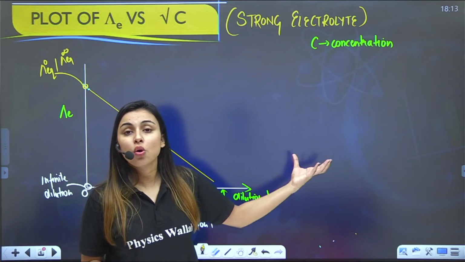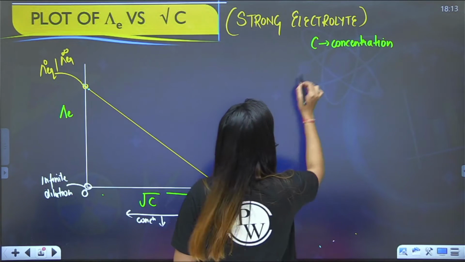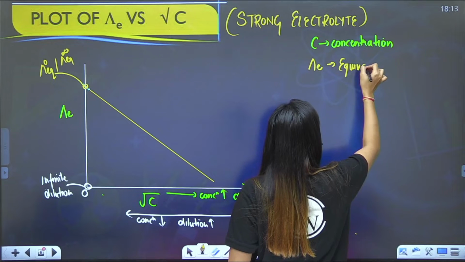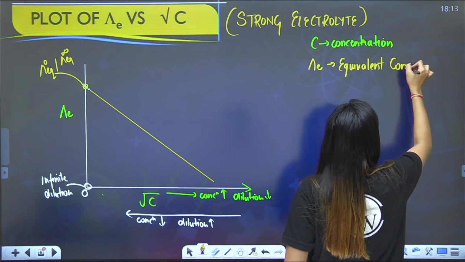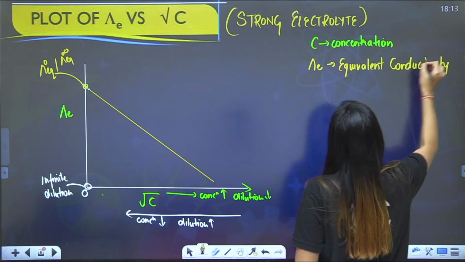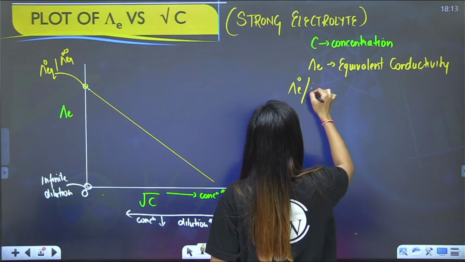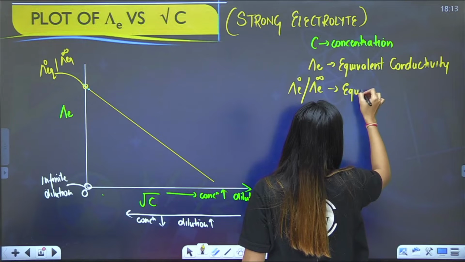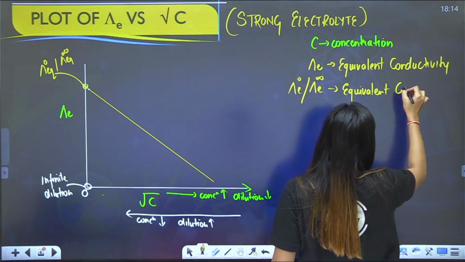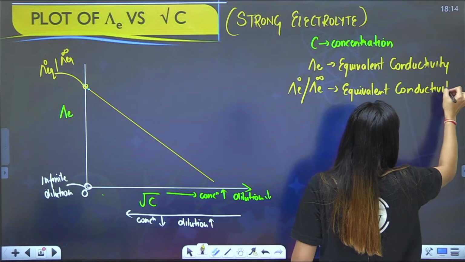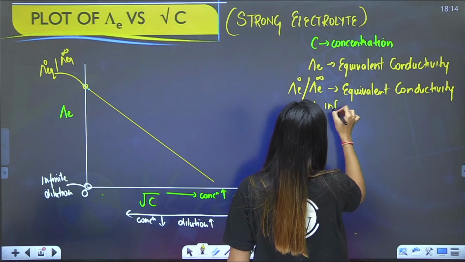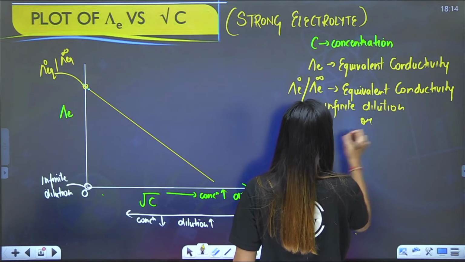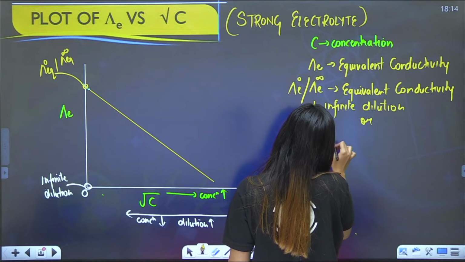So now let's write what all symbols represent. My dear students, C is your concentration, lambda E is your equivalent conductivity, lambda E naught or lambda E infinite is your equivalent conductivity at infinite dilution, or you can say limiting equivalent conductivity.